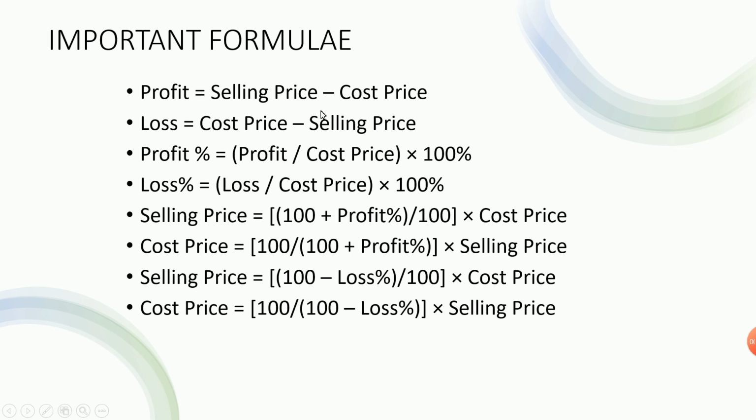Separating, that would be selling price by cost price minus 1 into 100%. I am just interchanging all these things. So 100 plus profit percentage divided by 100 into cost price. All these formulas are interchangeable. You just have to remember and know how to solve all those things. These are the main concepts of profit and loss.